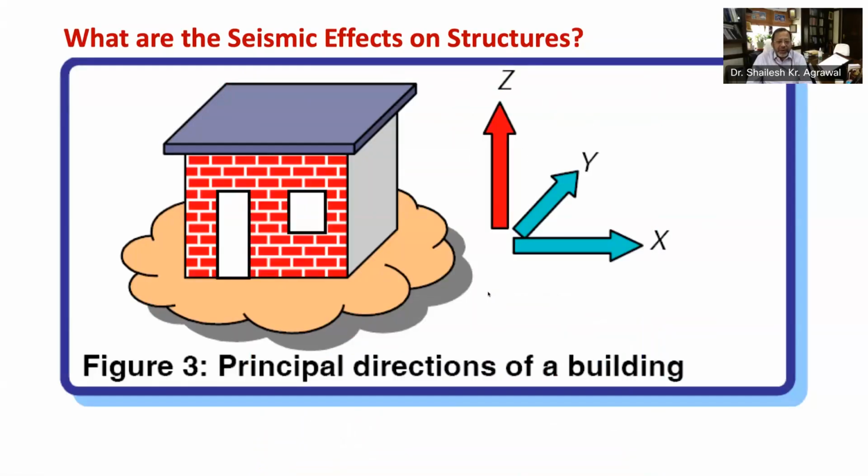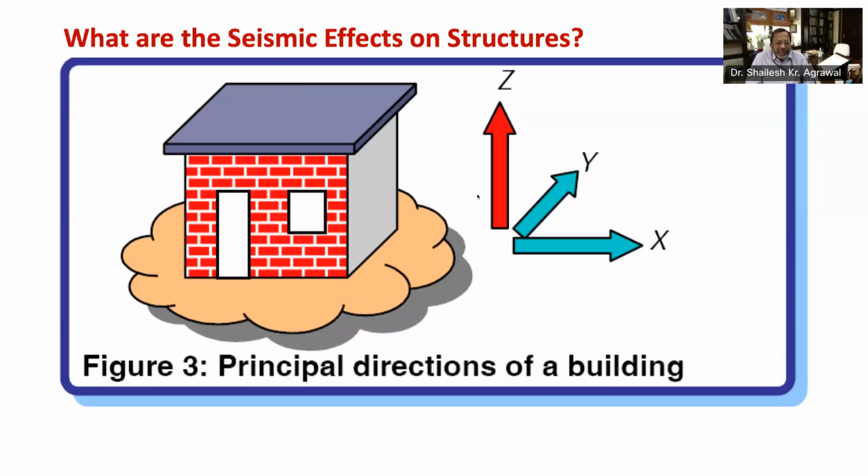Now let's have a look at this figure, which shows that earthquake shaking, as explained in the earlier tip, can be in all the three directions, that is two orthogonal horizontal directions X and Y and vertical direction Z. Therefore, during shaking, the ground shakes randomly in all the directions X, Y, and Z. It means the structures on the ground are subjected to inertia forces in all the three directions during earthquakes.